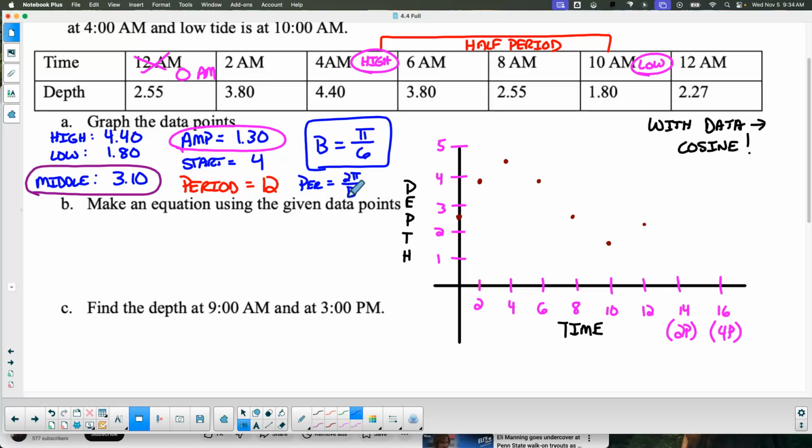So if 12 equals 2 pi over b, then we can switch the 12 and the b, so it's pi over 6. Middle amp, so then my start would also be my C value.